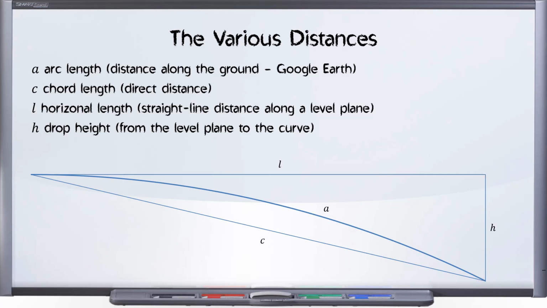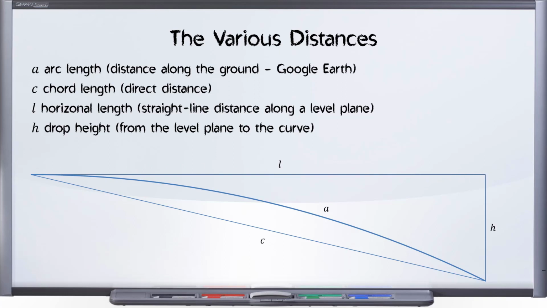That difference we will call the drop height. You will notice I have defined it to be perpendicular to the original level, not perpendicular down here at the point of intersection. Across the top, I will call this distance L.